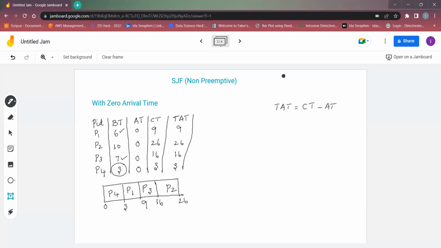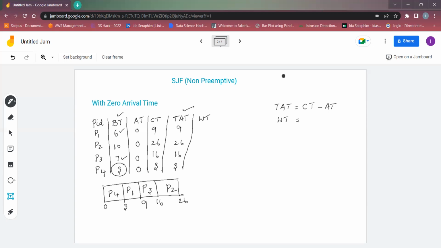Once the TAT is done, we need to find out the waiting time. In order to find the waiting time, we need the values of turnaround time and burst time. In this particular table, we have the turnaround time as well as the burst time. So we can find out the waiting time of each and every process.